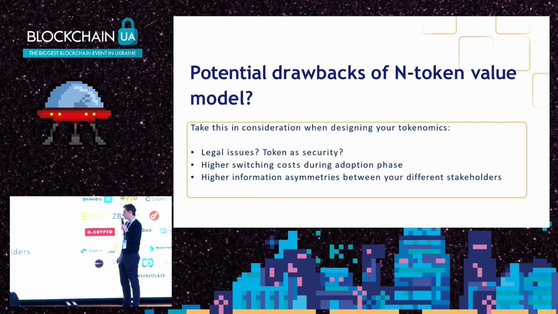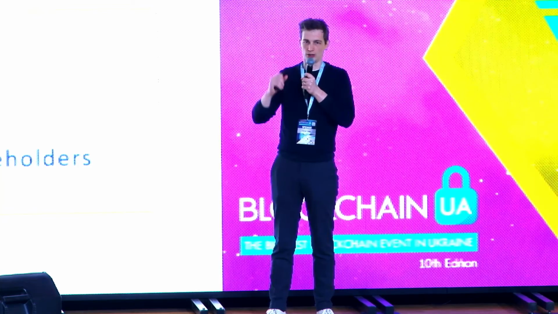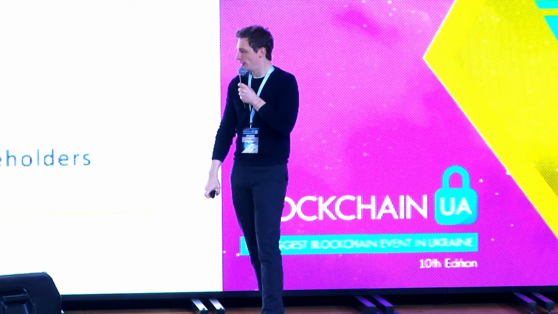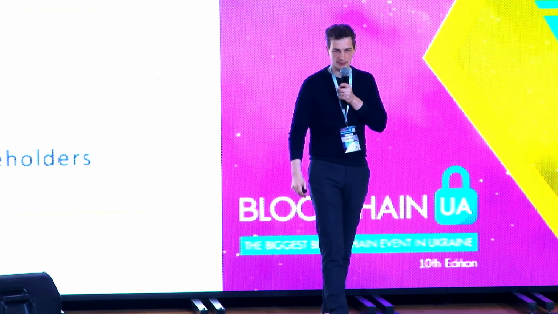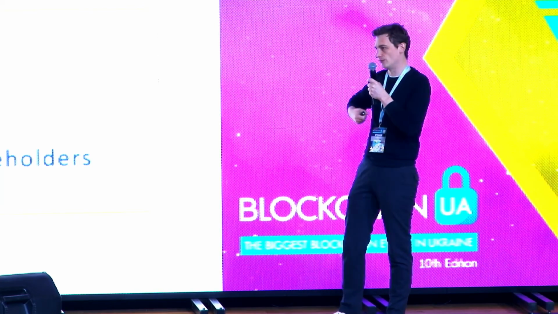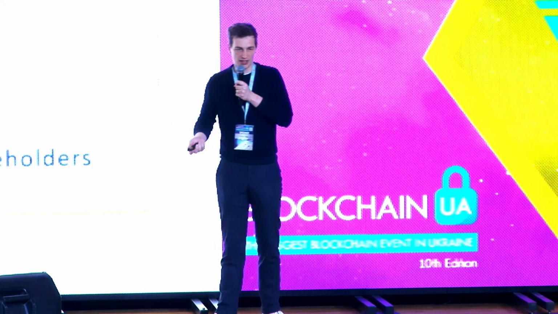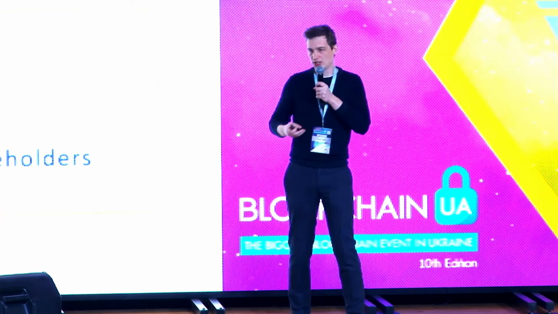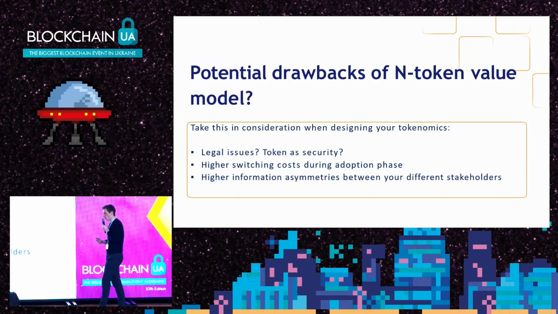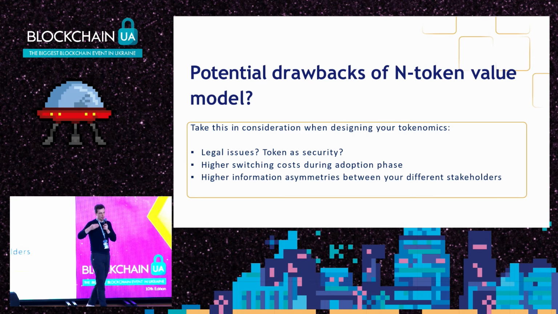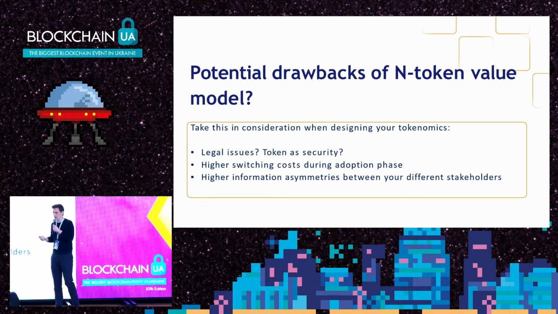In our case, we had this issue because there was a huge asymmetry of information between the intermediaries, who could actually spam the network with false fees and false liquidity provisions and basically make a profit out of it, because you cannot verify that this liquidity provider actually has the liquidity until the transaction is done.